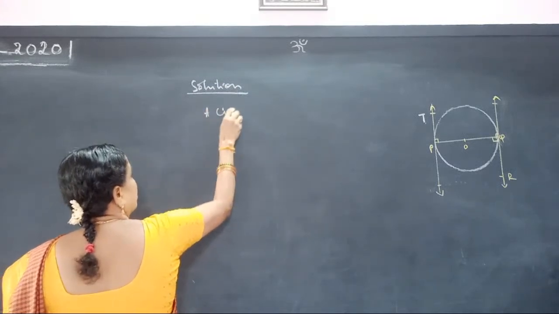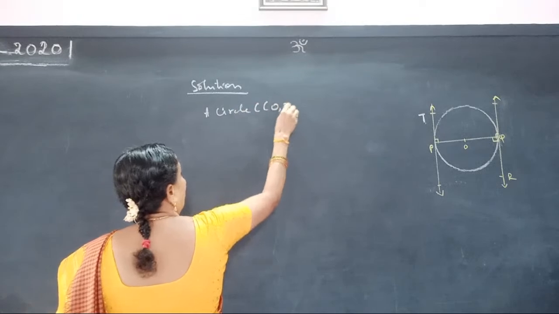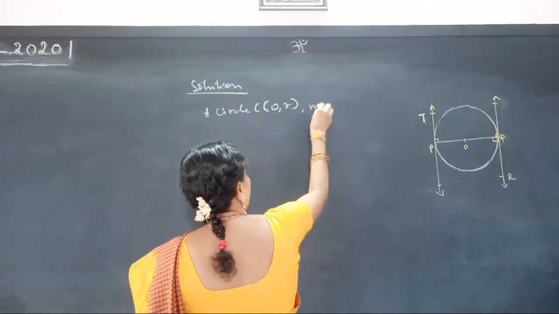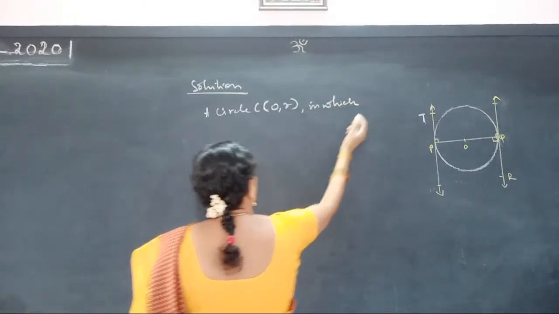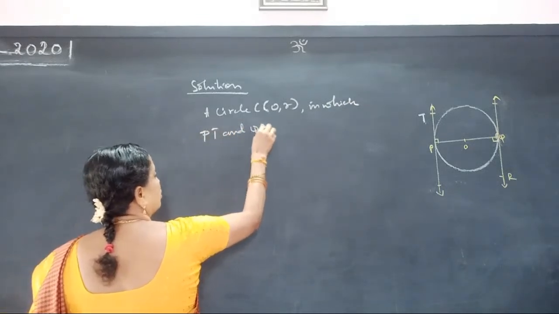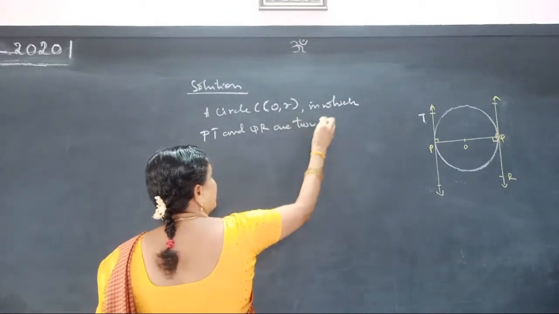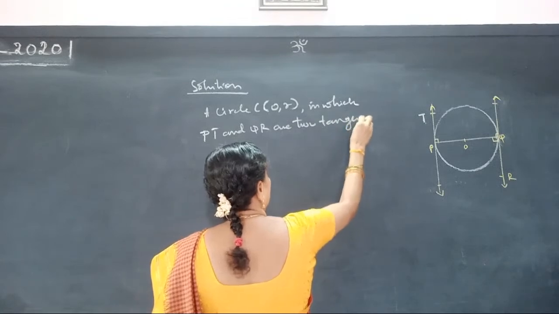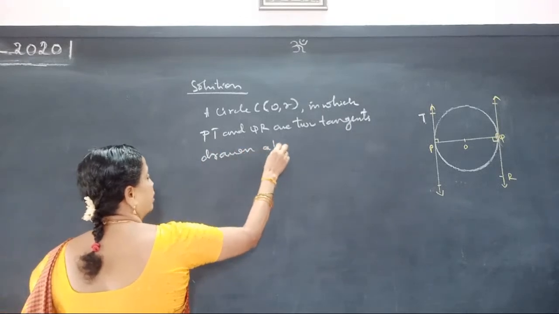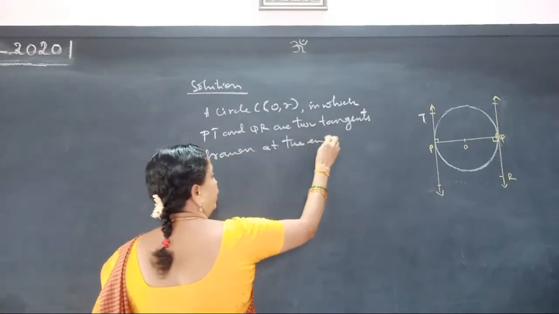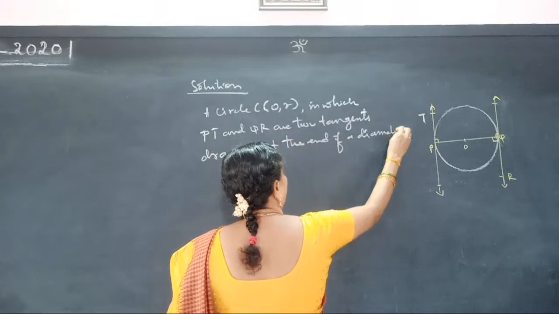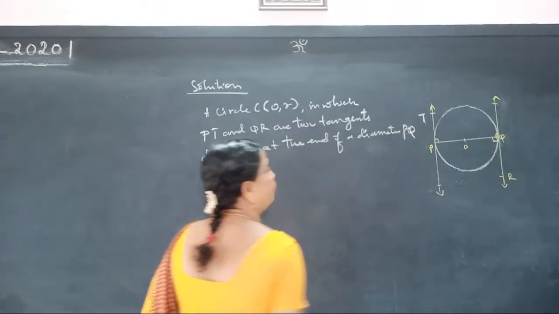Solution: a circle with center O and radius R, in which PT and QR are two tangents drawn at the end of a diameter PQ.